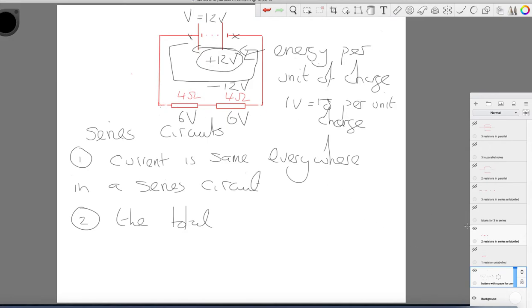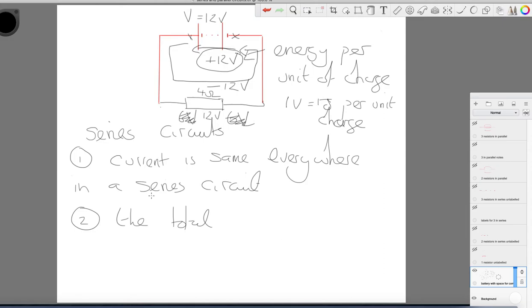So if I took away my 2 4s and I put in a single 4 ohm resistor, then we wouldn't have 6 volts and 6 volts like we had before. The whole 12 volts would be dropped across that one resistor.